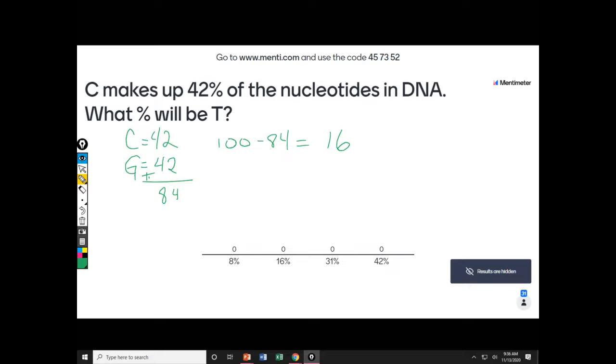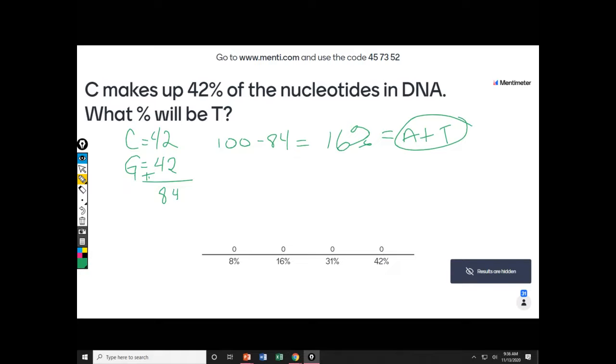All right, so now I have 16% left. Am I done? No, right? What do I still have to do? Yeah, exactly, this 16% is A plus T. Remember, we still have 2 nucleotides left.